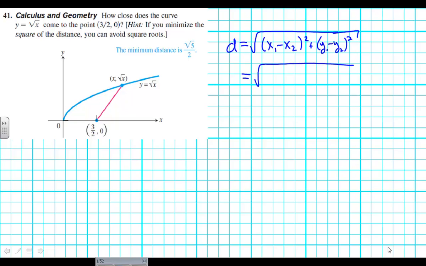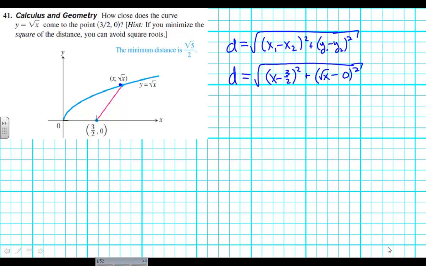One of the two points is (3/2, 0). The other is a point on this curve, which is in the form (x, square root x). So we get something like (x minus 3/2) quantity squared plus the y values, (root x minus 0) quantity squared. And there's our distance formula, and that's the thing that we want to minimize, so that's the thing we have to take the derivative of.